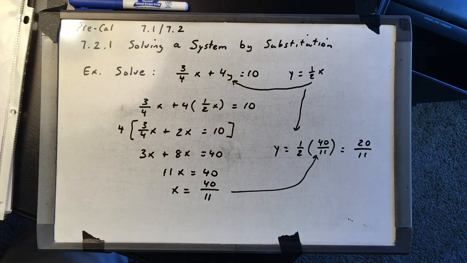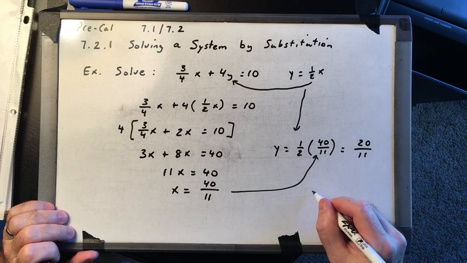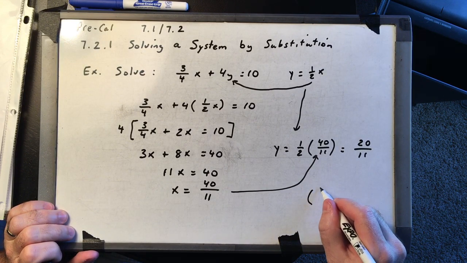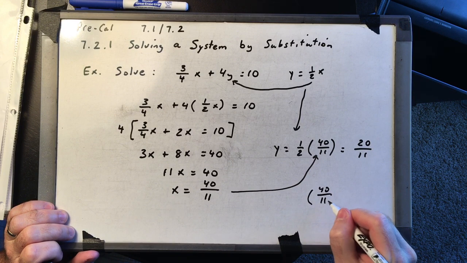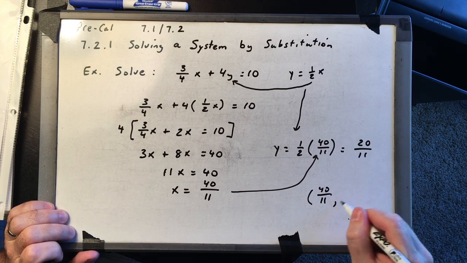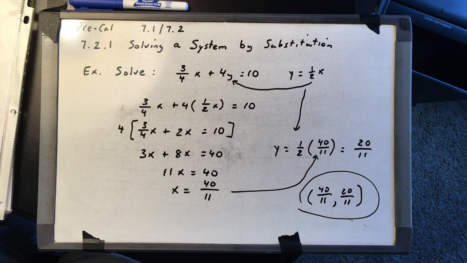Okay, so our solution, where those two lines cross, would be 40 over 11 and 20 over 11. So boom, don't let the fractions scare you. They're not too bad.